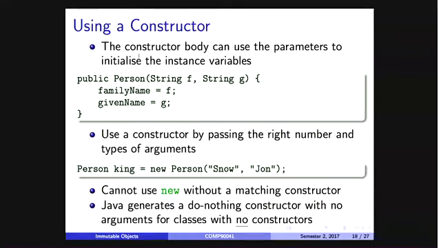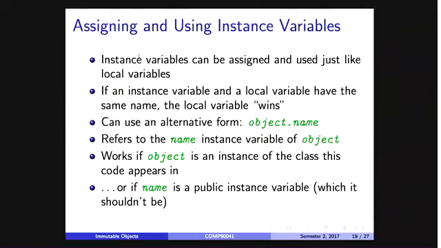So we'd like to have a way to say, inside a method, to get to the instance variables of the object that is executing the method. And there is a way to do that. So what we can say is object.name, where name is the name of an instance variable.